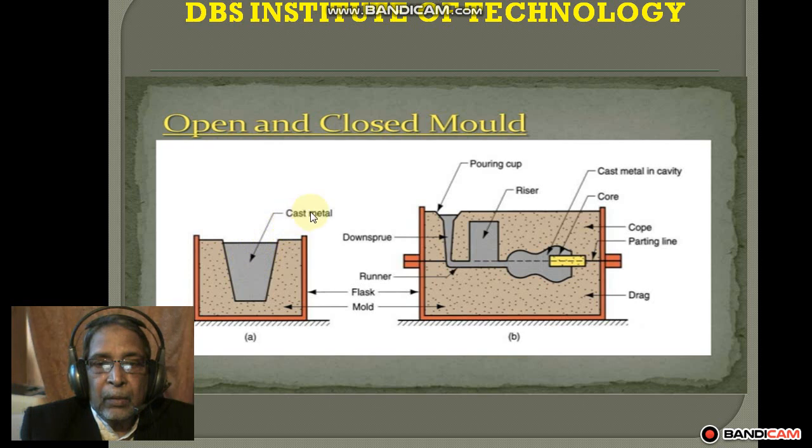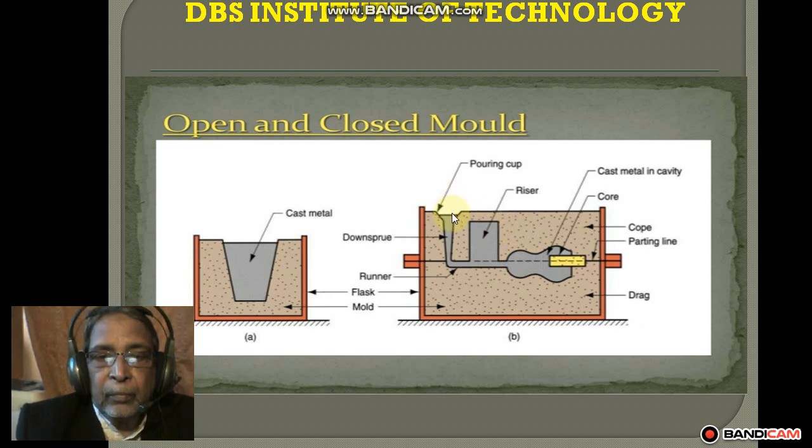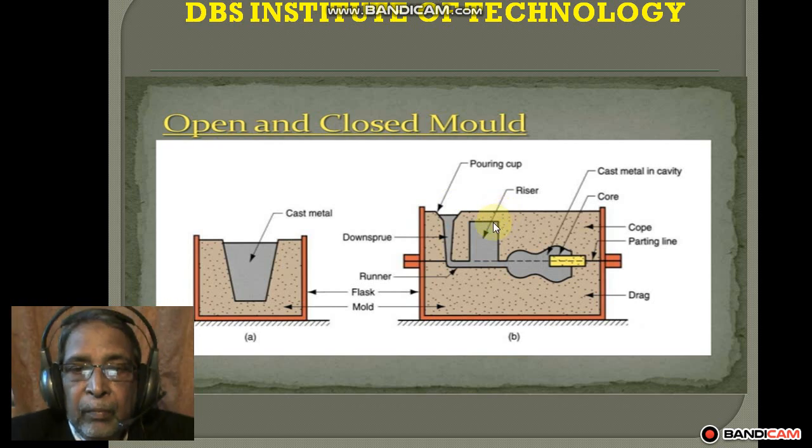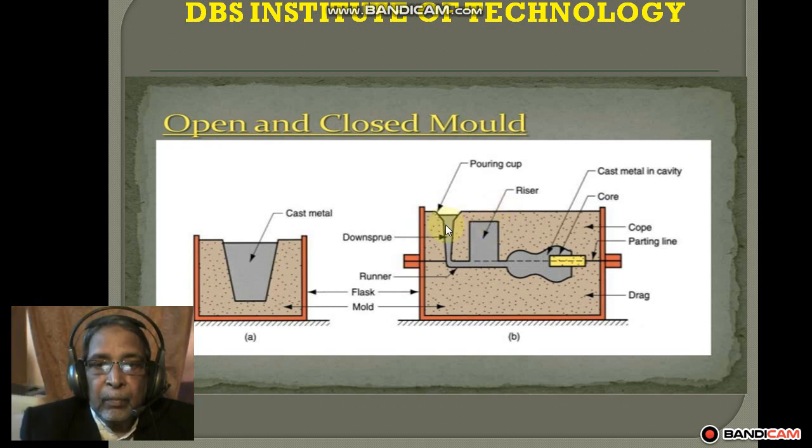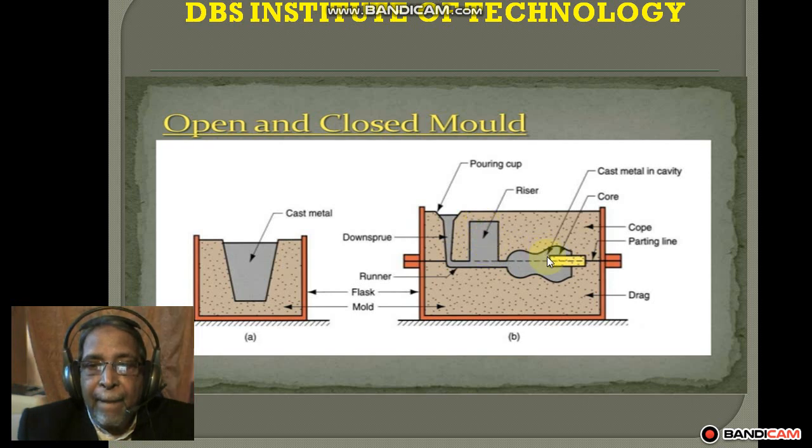Whereas the closed mold is on the right side, where you can see the pouring cup. From the side of the pouring cup, the metal is poured, and in between the mold and pouring cup there is a riser, and finally the metal goes to the casting.